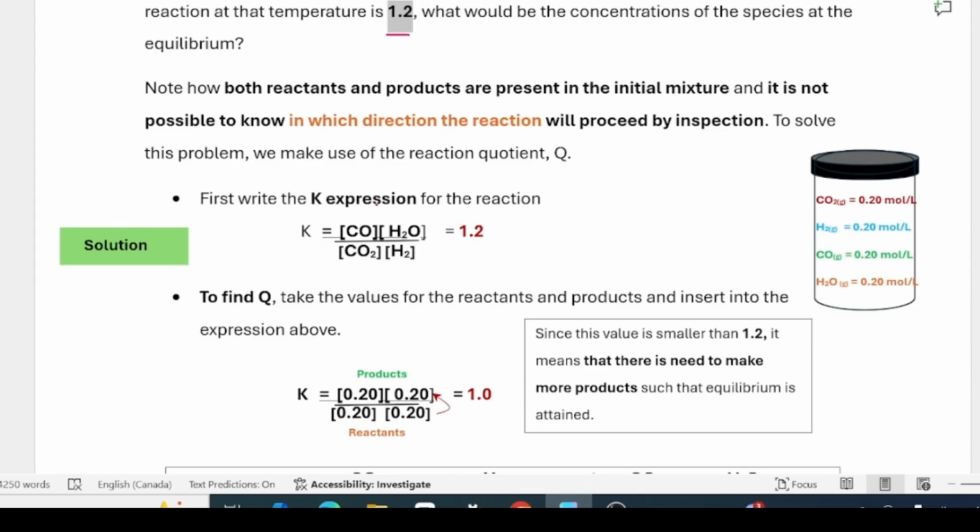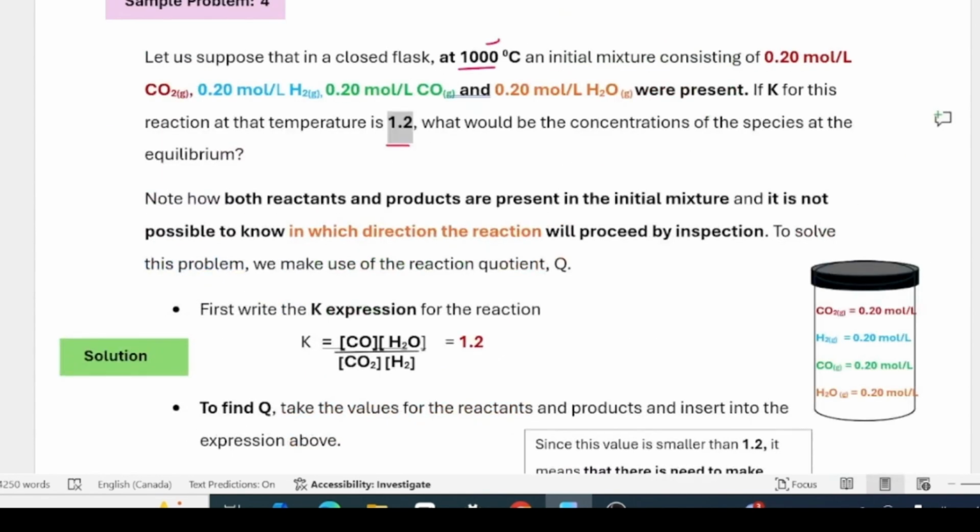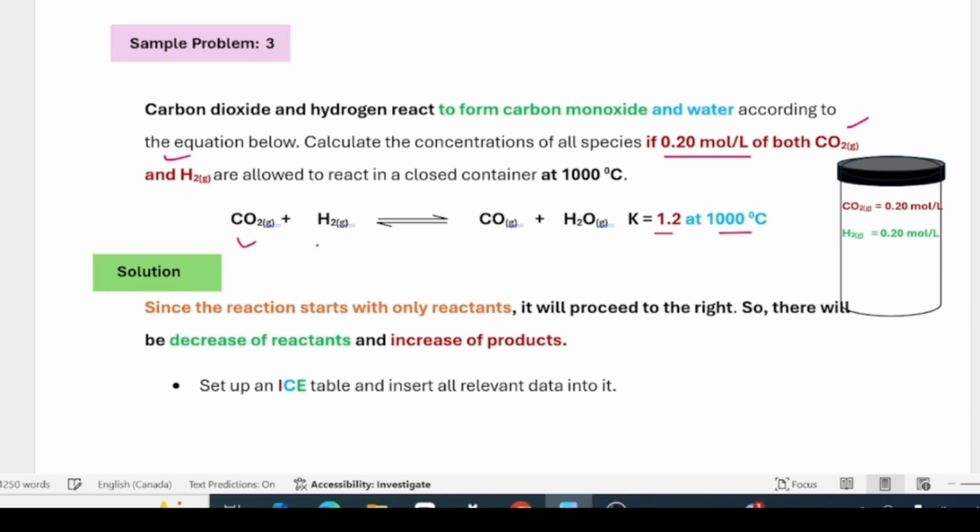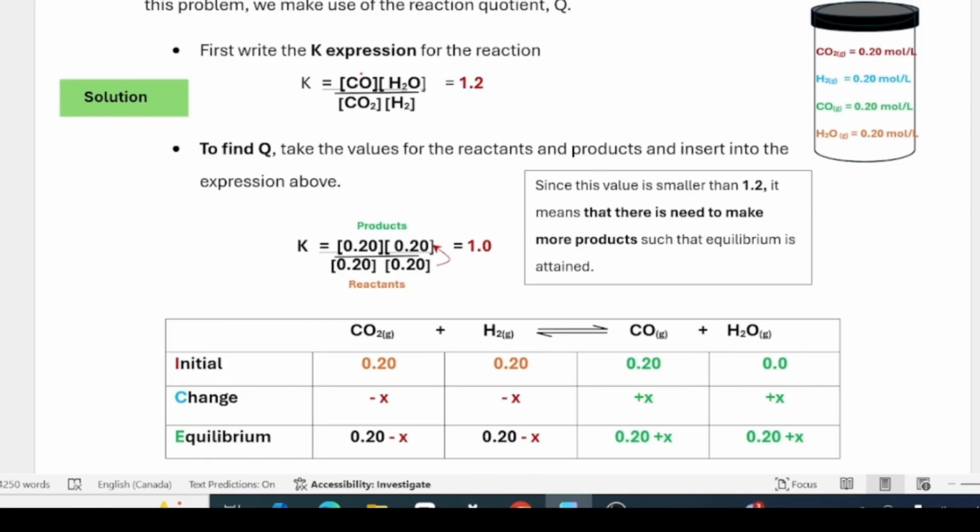So the first thing we do is to establish a K expression for that reaction. This reaction is the same one as above, where carbon dioxide is reacting with hydrogen to give you carbon monoxide and water. So these will be the products, and these, of course, will be the reactants. So that is our K expression. The next thing we'll do is to find what Q is.